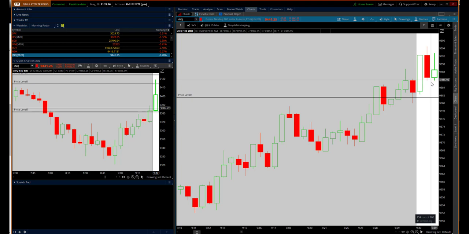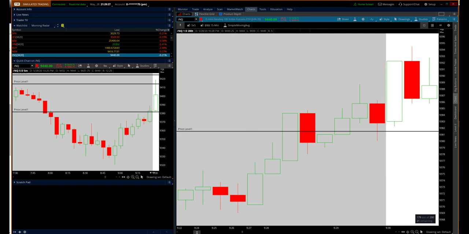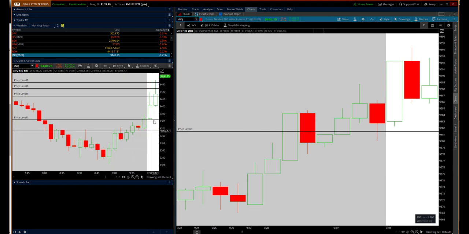The next candle. And notice that by this time, a few moments have passed. Enough time has passed. We'll move this candle over.